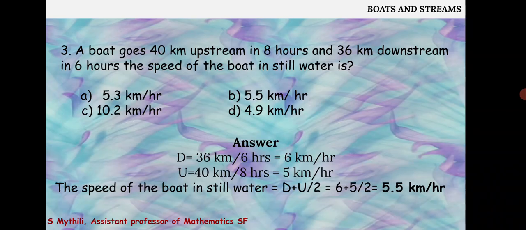We need the speed of boat, that is SB. We know the relation: (downstream plus upstream) by 2 is the speed of boat. That is equal to downstream 6 plus upstream 5 divided by 2. So 6 plus 5 is 11, 11 by 2 is 5.5 km per hour. So for this question, option B is the answer.